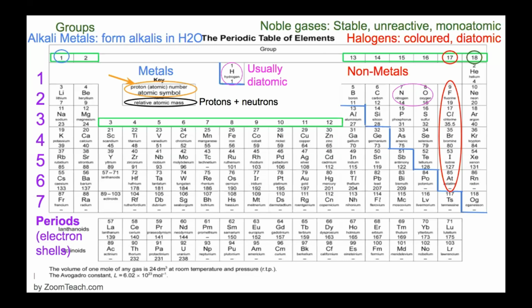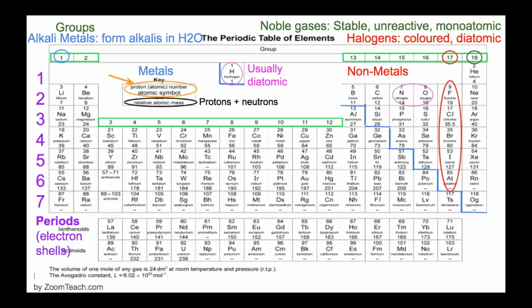So we need to recall that protons and neutrons will be found in the nucleus. And because of that, protons and neutrons will be forming most of the mass of the atom. Hence, for our level, we'll say that the relative atomic mass will refer to the number of protons and neutrons in the nucleus.